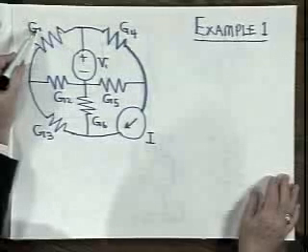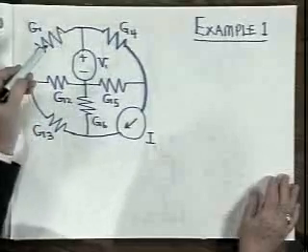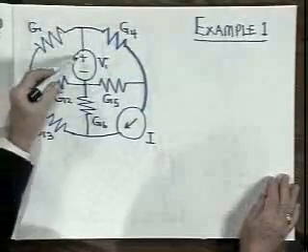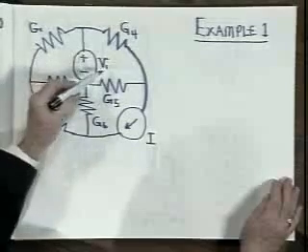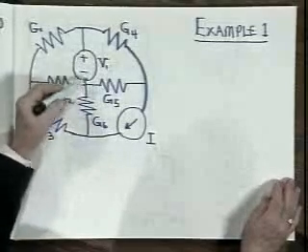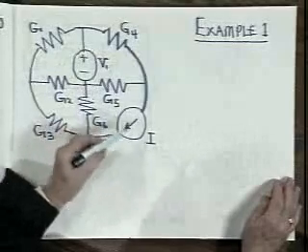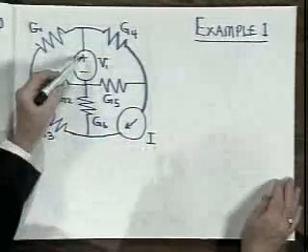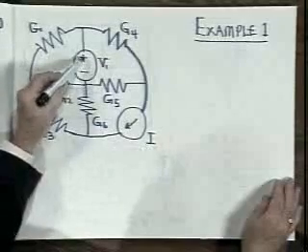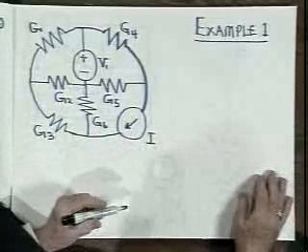So G1 equals 1 over R1, the resistance of this element, and so forth. This network contains two sources, a voltage source of value V1 here, just V would suffice, I don't need the subscript really, and a current source polarized in this direction of value I. The polarization, of course, of the voltage source and the current source are important, and they have to be indicated on the diagram.